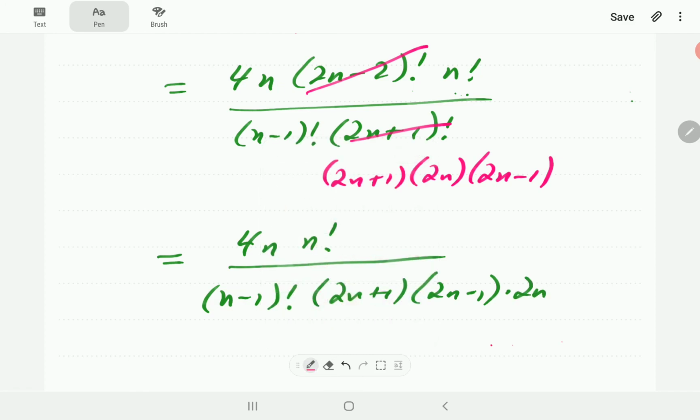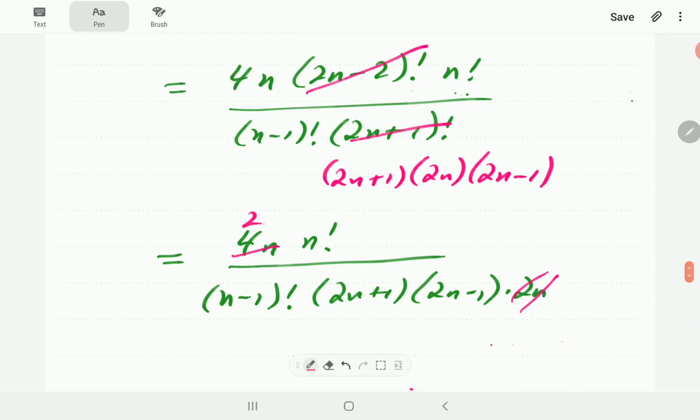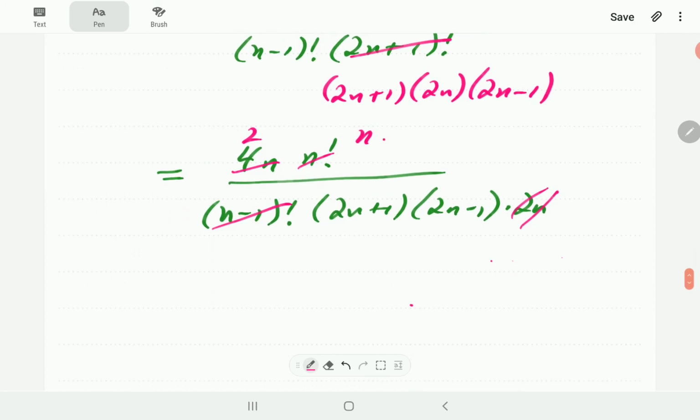Then this 2n and 4n there is just going to give us 2 here. The n minus 1 factorial and n factorial there is going to give us n there.